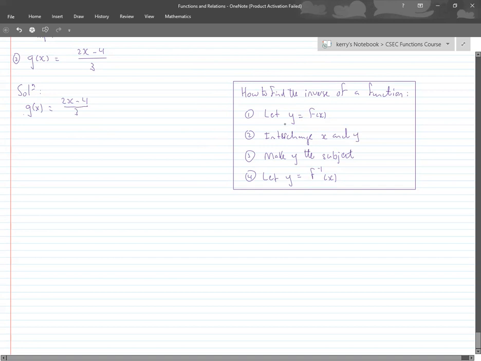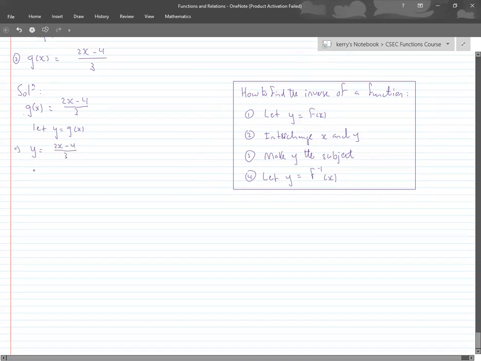The next step is let y be equal to f of x. In this case, we have g of x, so we let y be equal to g of x. So what this will give us here is y is equal to 2x minus 4 all over 3.